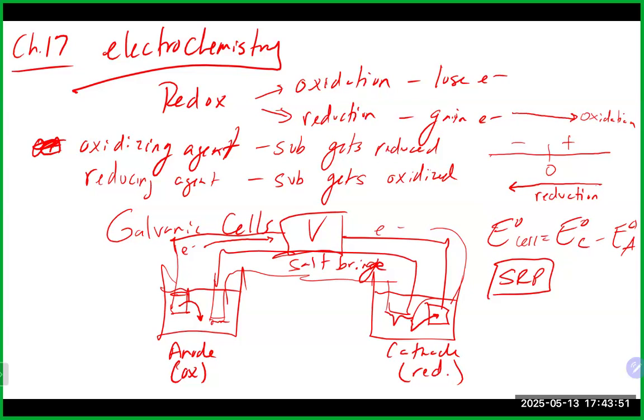And remember that if we use this equation where we subtract, you do not want to change the sign of what you find in the table. That's because these are all reduction reactions in that table. And one of your reactions does need to be an oxidation reaction, which is technically the opposite one. And that is why the minus is here. It will change the sign for your anode without you having to think about doing it.